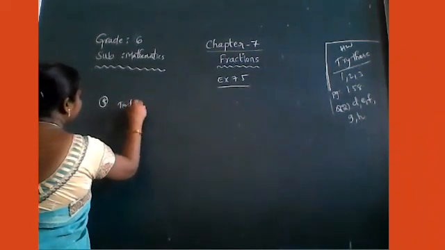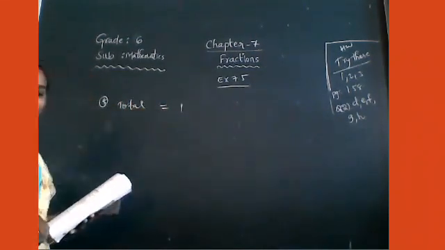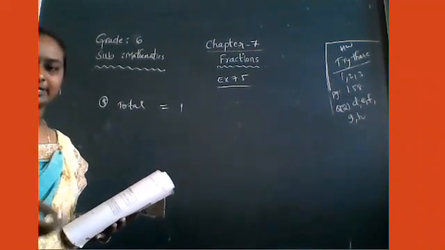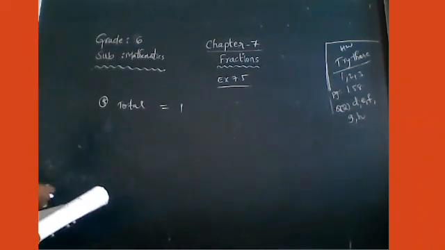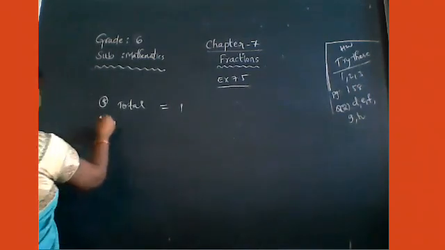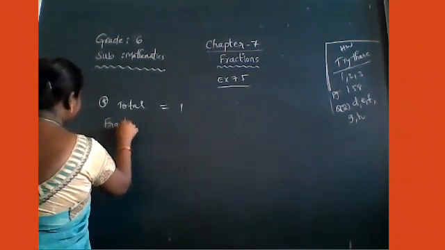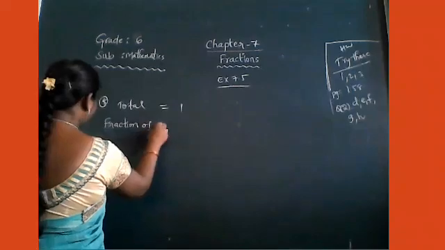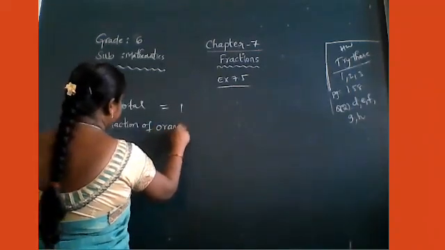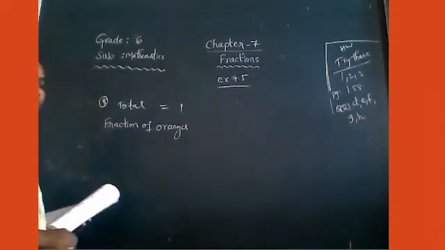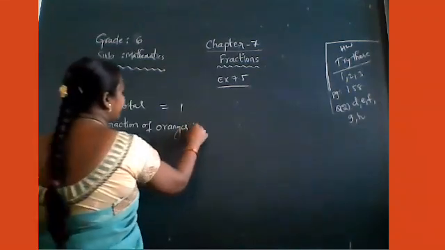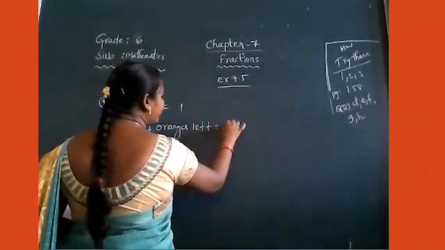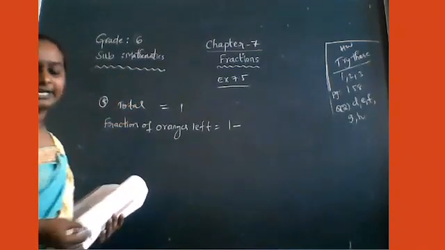So total is one part. Among one part, how much of the basket of oranges was Javed given? 5 by 7. So here, fraction of oranges left. From the total one part, how many oranges were left?